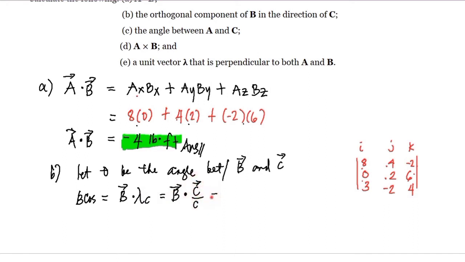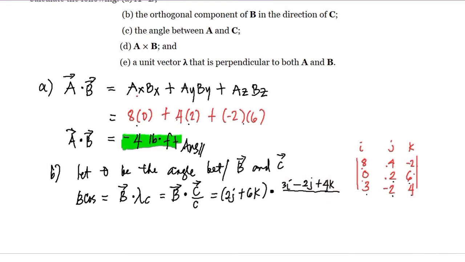So we have the vector B, that's 2j plus 6k, take the dot product of the vector C, that's 3i minus 2j plus 4k.